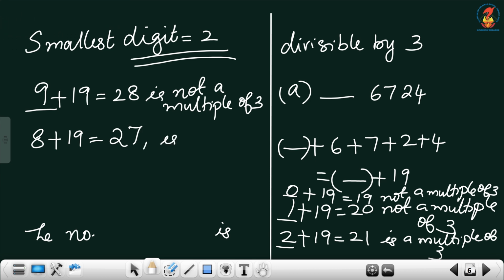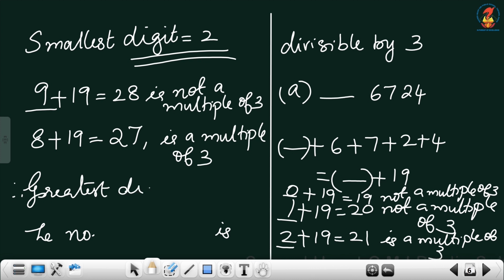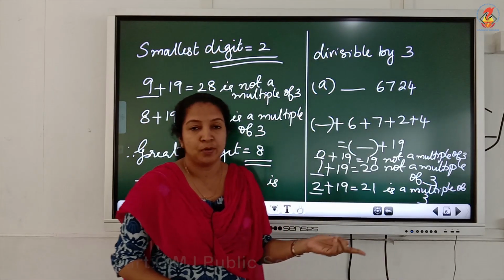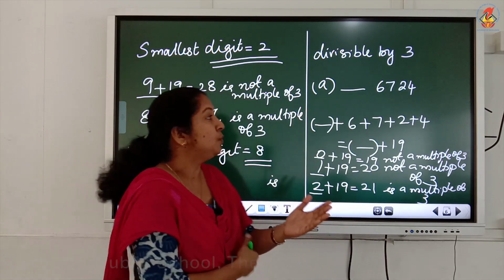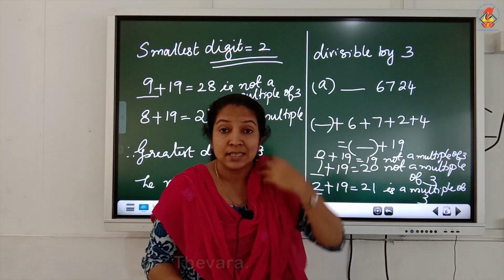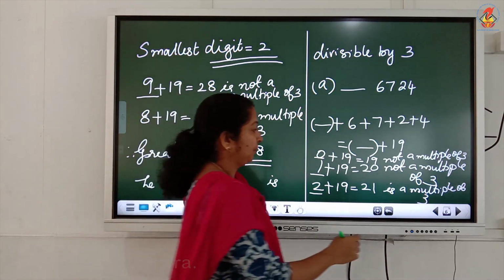Yes, it's a multiple of 3. So, the greatest digit is equal to 8. 2 is the least digit which we have to fill here to get it as a multiple of 3, and 8 is the largest digit or greatest digit which we have to fill here to get it as a multiple of 3.